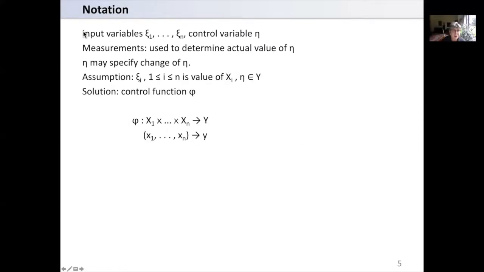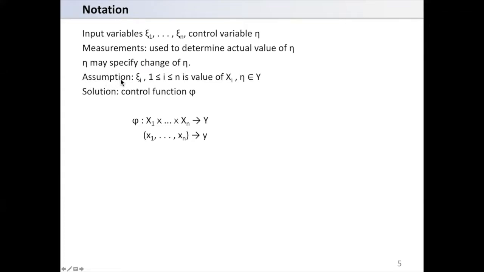The notation is as follows. Input variables are shown as epsilon 1 up to epsilon n, and the control variable as eta. The measurements are used to determine the actual value of eta. Eta may specify the change of eta.